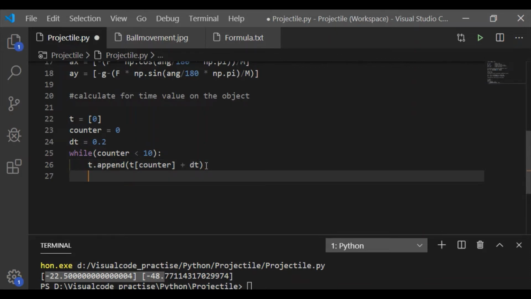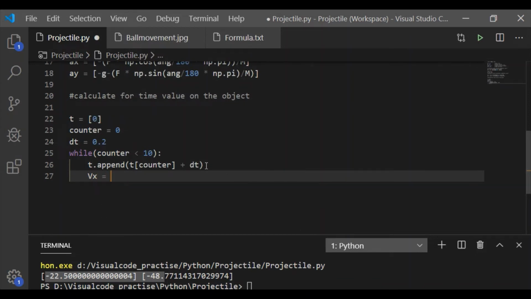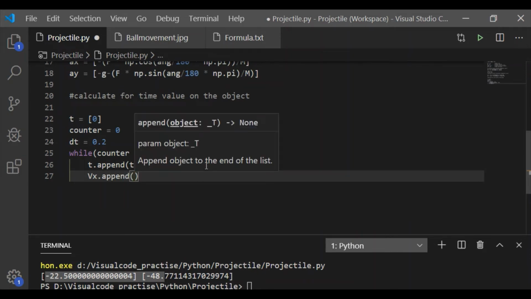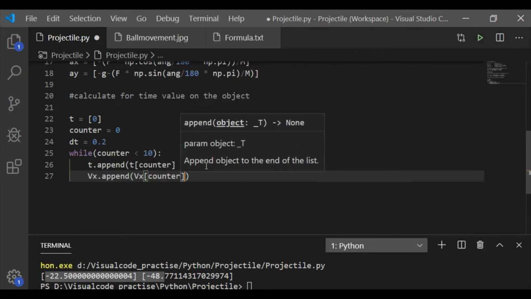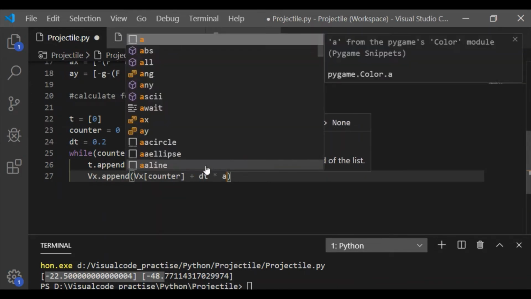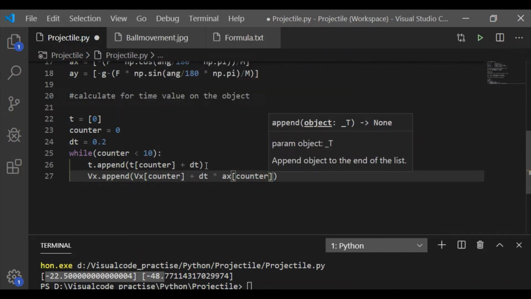Now t is appended. For the incremented t value, let us calculate the velocity components Vx and Vy. Vx here is nothing but the current velocity, sorry, that is Vx counter plus delta t times the acceleration component x. When there is an acceleration, there is change in velocity.